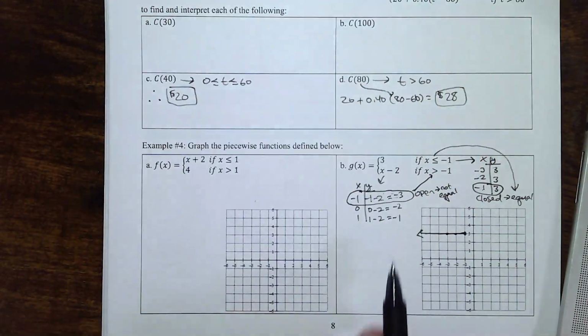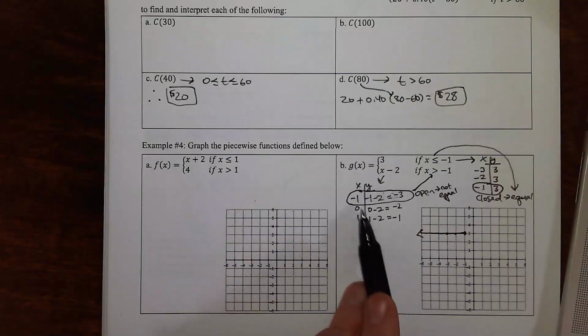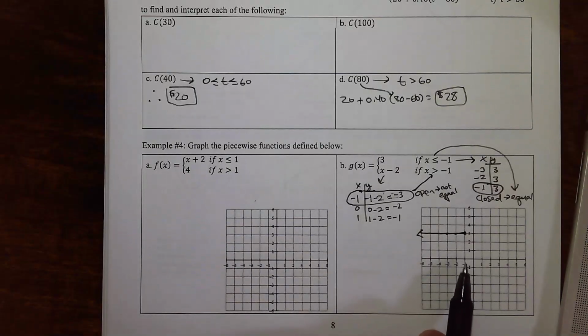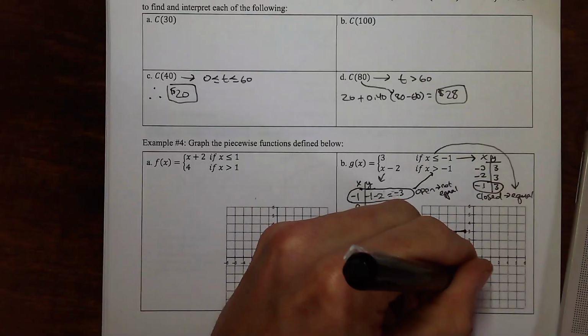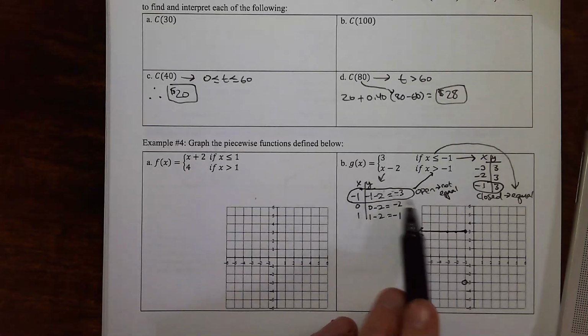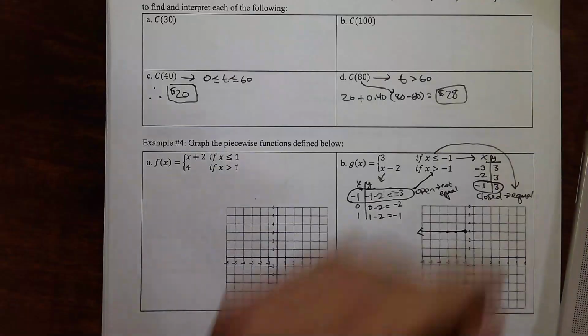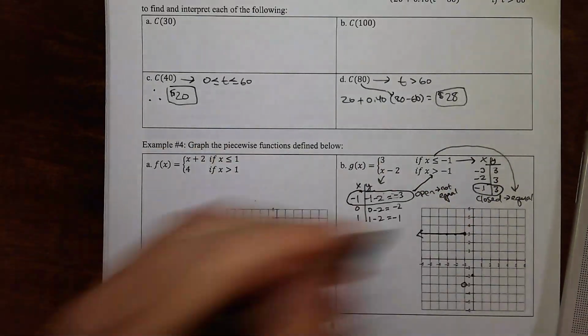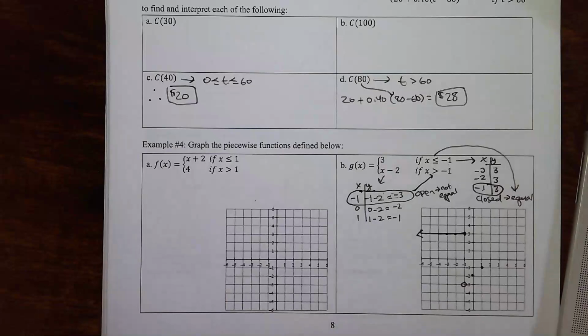So I'm going to plot these points, but when I plot -1, -3, I'm going to put an open circle there because that point is not included. But right after -1 is when the graph starts. So 0, -2, and then 1, -1. And so when is this graph true?